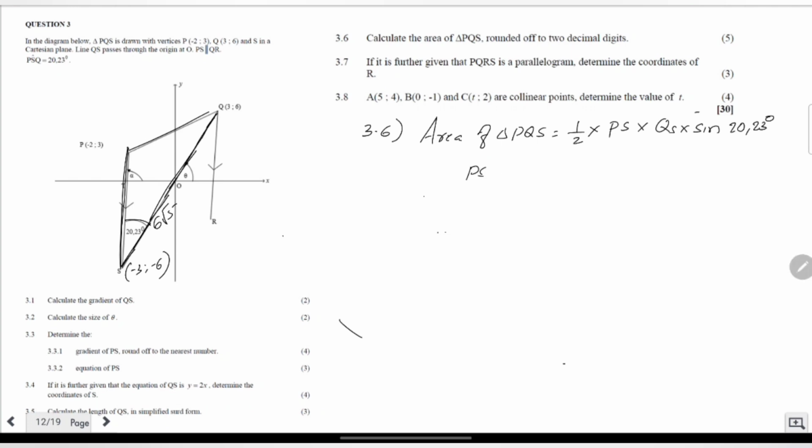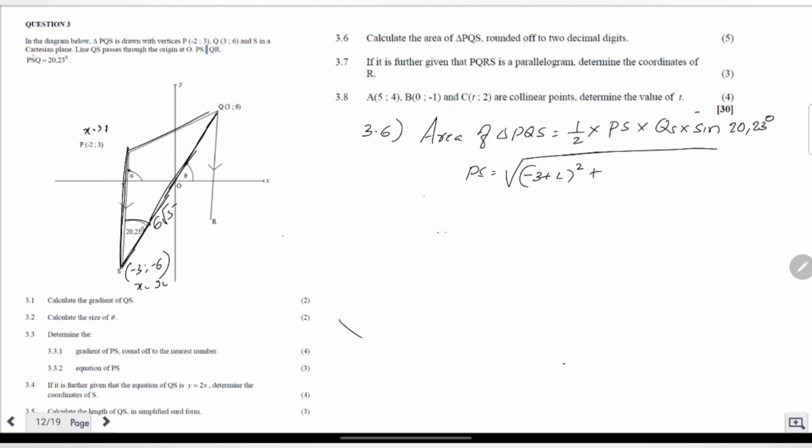PS is equal to the square root of, let me call this one x1 y1 and this one x2 y2. Square root of x2 minus x1, that is minus 3 minus minus 3, that is minus 3 plus 2, whole squared, plus y2 minus y1. That formula you have to remember.